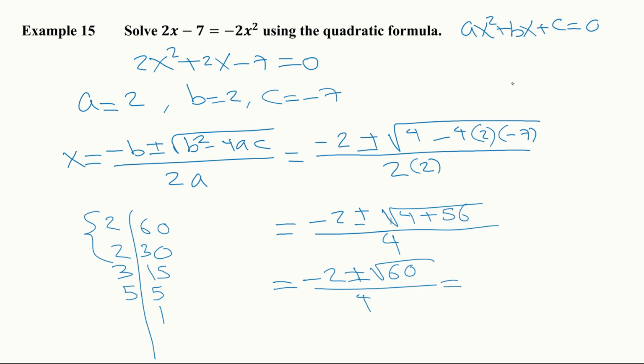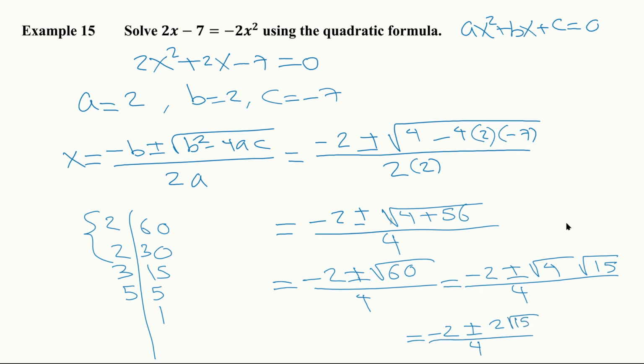So I'm going to write this as negative 2 plus or minus square root of the 4 and then square root of 15, right? I can write 4 or 2 squared, it makes no difference. So I get negative 2 plus or minus, now the square root of 4 is just 2, radical 15 over 4.